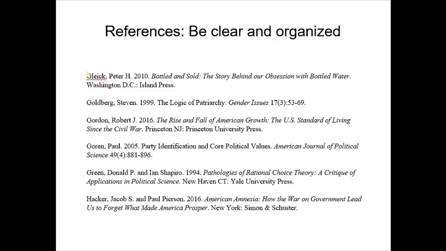As you can see, last name first, year, title of the book, city and publisher. Here's a peer-reviewed journal: last name, year, the title of the article, and then what we have here is the journal in italics, so you can see the very clear, organized manner in which the sources are put.